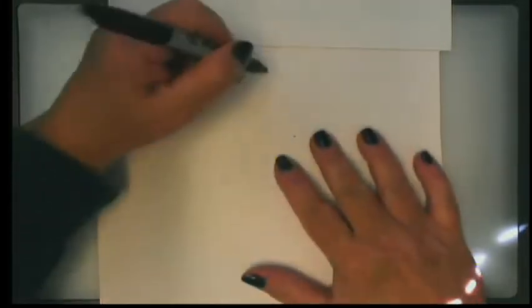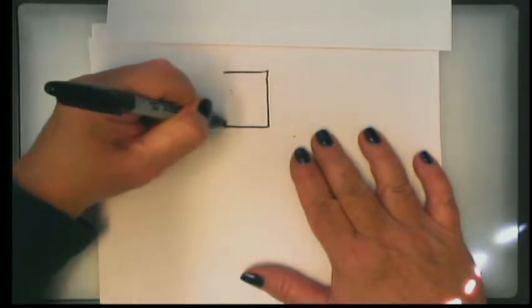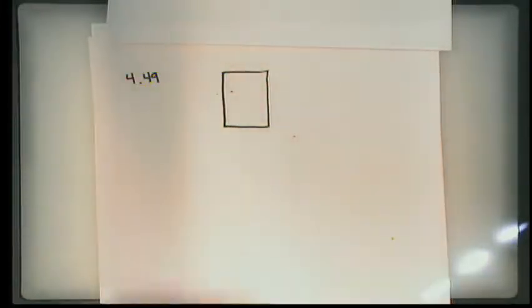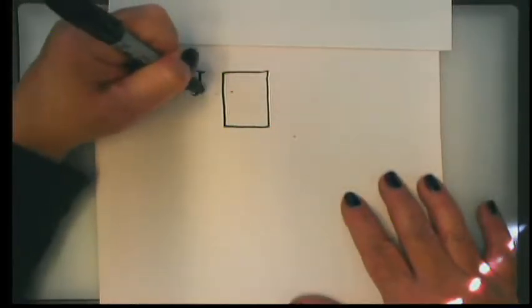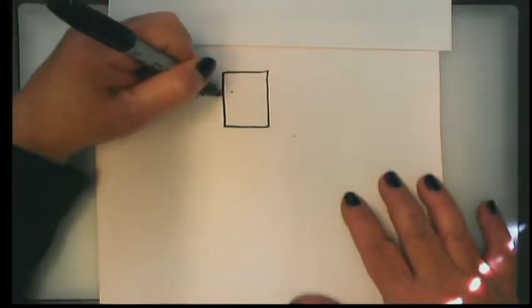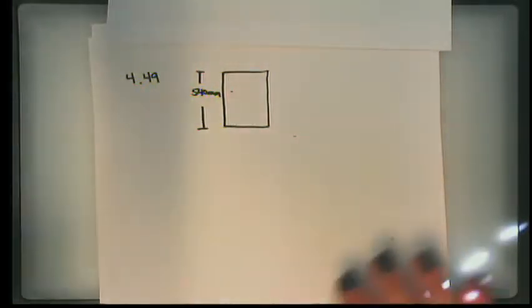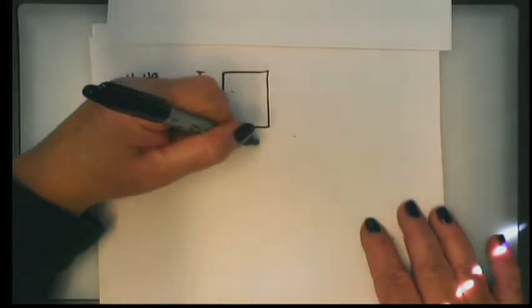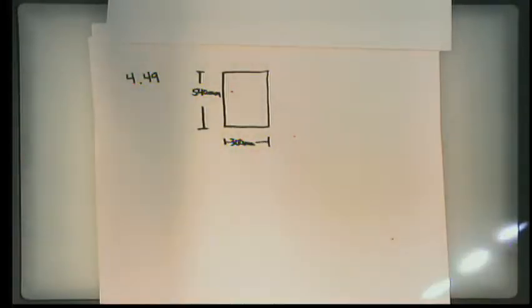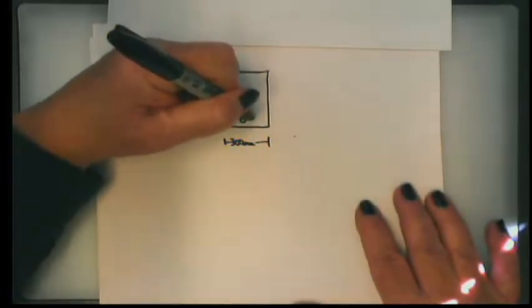We have a slab of concrete that looks like this. The entire slab is 540 millimeters in height, and it's 300 millimeters in width. There are 4 rebars, reinforced.